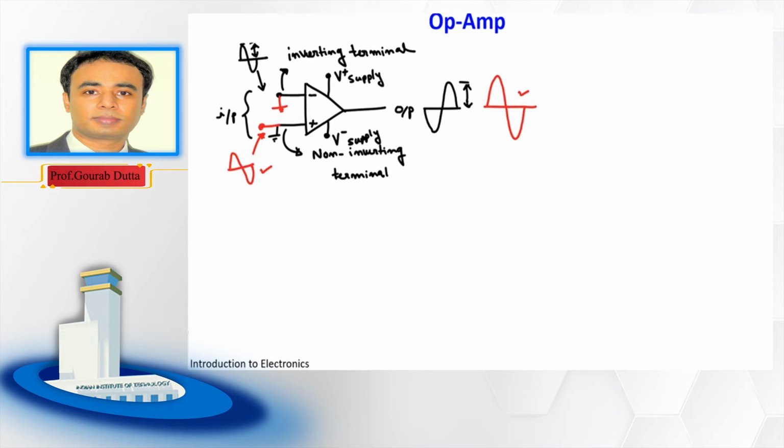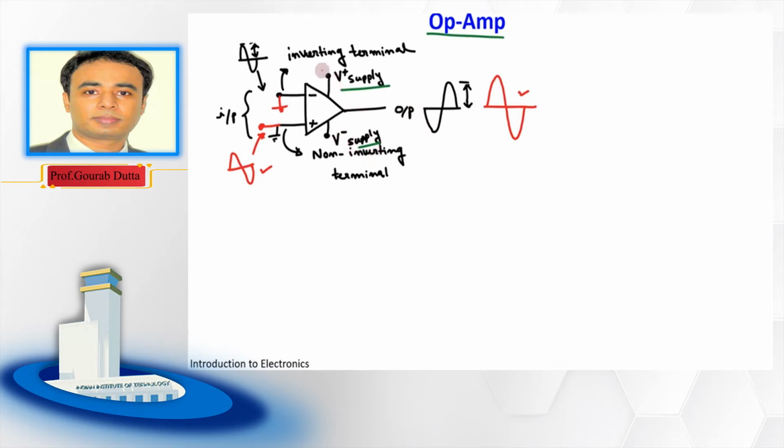Another important point is that this op amp uses both the plus supply and the negative supply voltage. So this op amp is a direct coupled device.